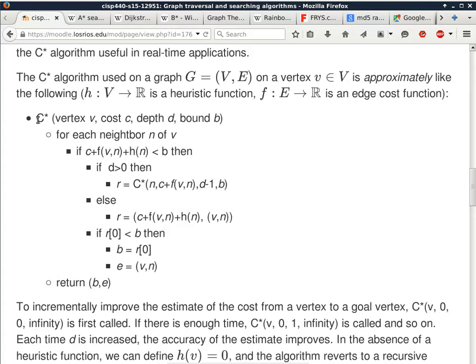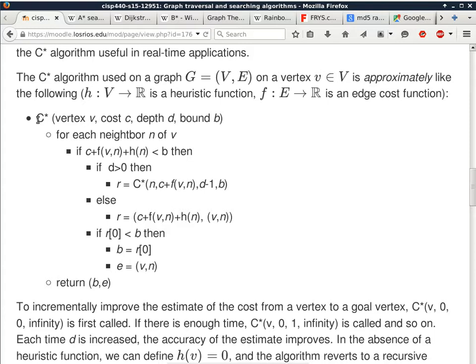Okay, so let's say after we run C-star with 0 as a depth, we still have time. Then you increase the depth to 1. What that will do is increase the depth of exploration, so that now you will start to explore the second layer of nodes. So you will go here, here, and you can even have circles or cycles.